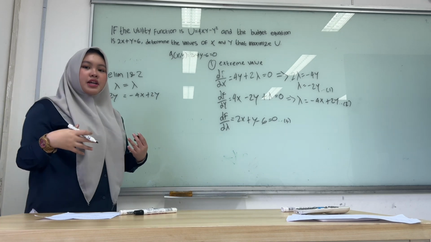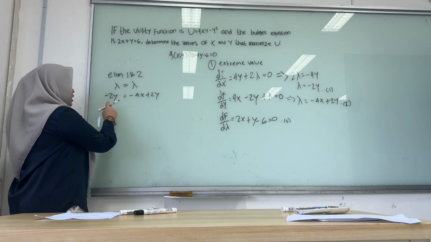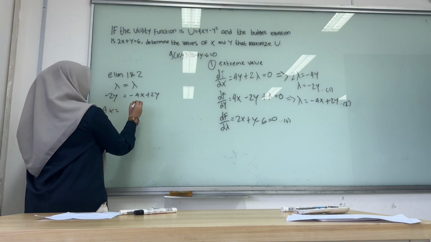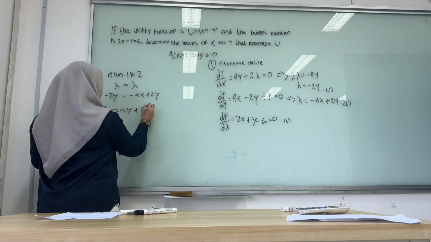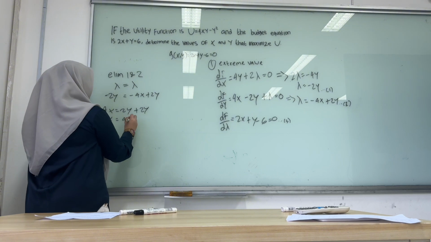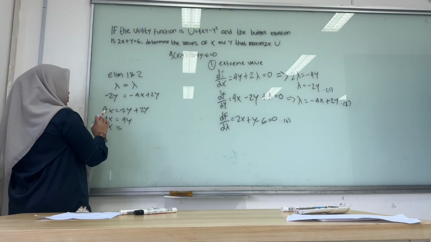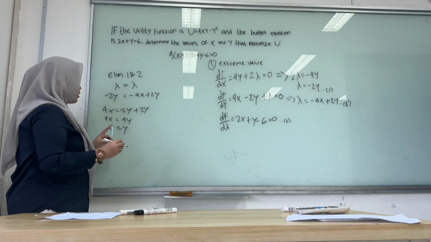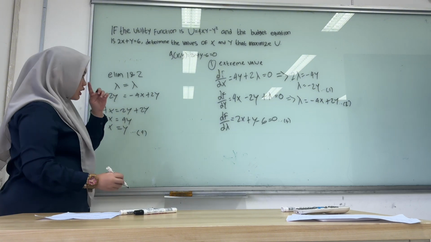Because I want to find x, I want to put minus 4x on the left side. So 4x equals 4y. 4 divided by 4 is 1, 4 divided by 4 is 1. So x equals y. This is the fourth equation.